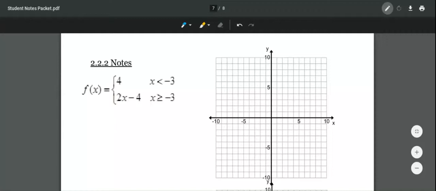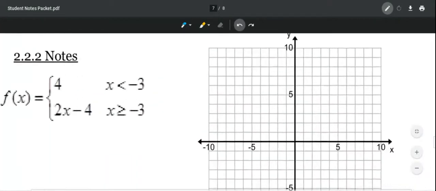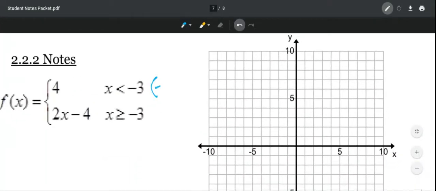Remember, for graphing, you first take this boundary point, -3, and I plug it in, and I get 4. And that is an open circle. The next point, since there's only one number, you get to choose.